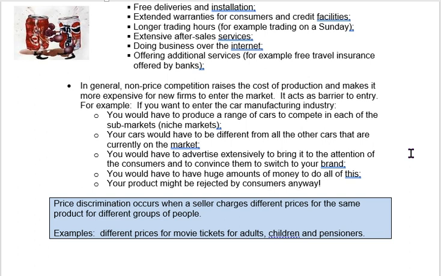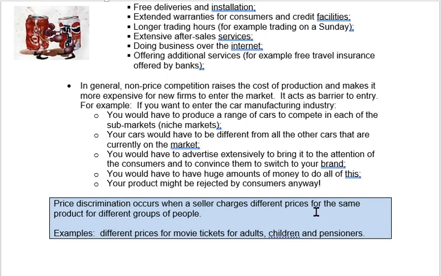So all these non-price competition things cost a lot of money. So businesses cannot enter an oligopoly unless they have enough capital backing to also do all of these non-price competition things. All of these strategies are going to cost me money. So if I don't have that money, I cannot enter this industry. So it's basically acting as another barrier to entry, an additional barrier to entry.